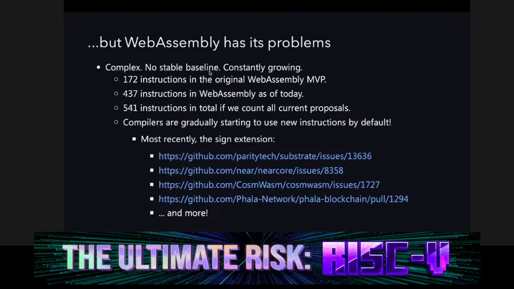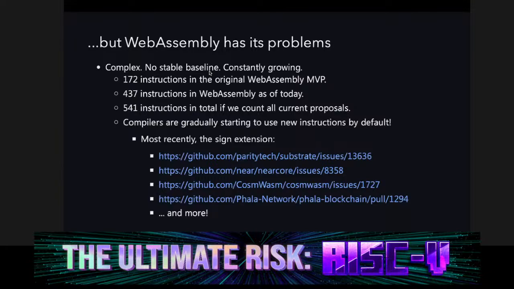The very first minimal viable product of WebAssembly had 172 instructions, and that's up to over 400 today. So that's quite a bit of growth. And if we count all of the current proposals which are in flight, we get up to 541 instructions. So this is quite complex.